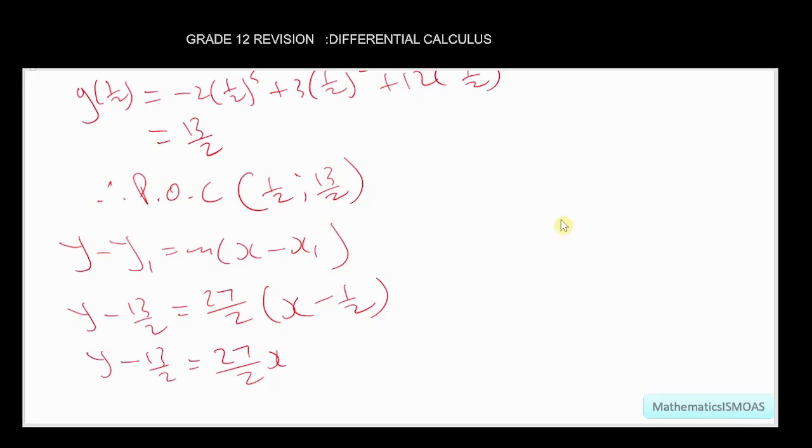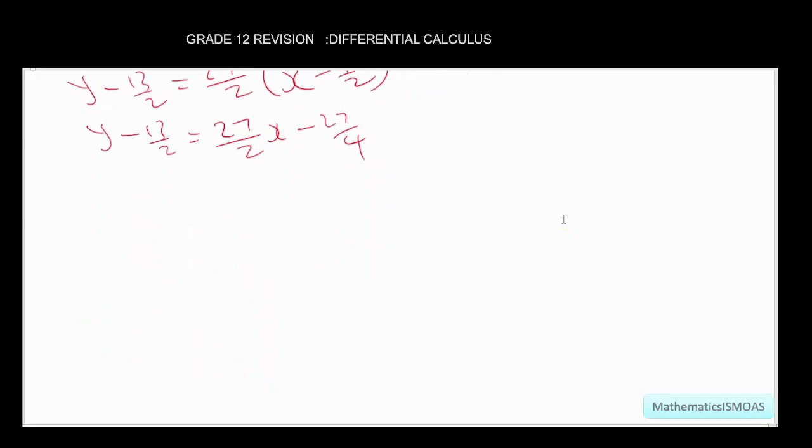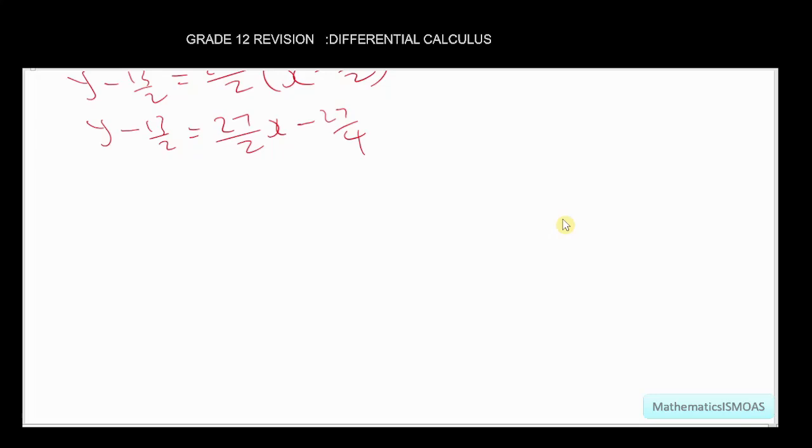It should give us minus 27 over 4. And then add 13 over 2 on both sides. y equals 27 over 2 x minus 1 over 4. Then that will be the end of question 4.